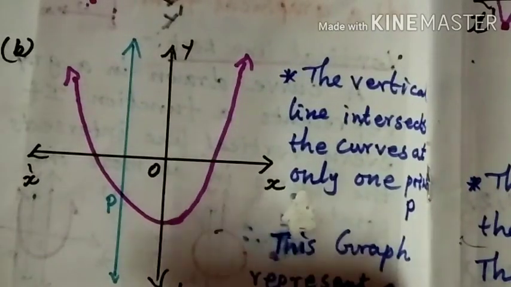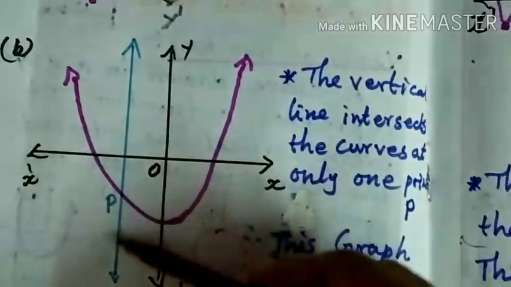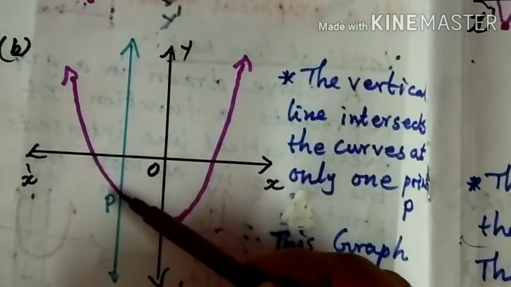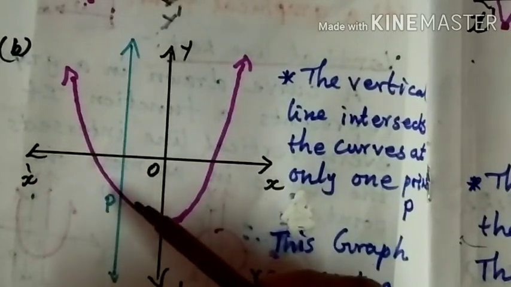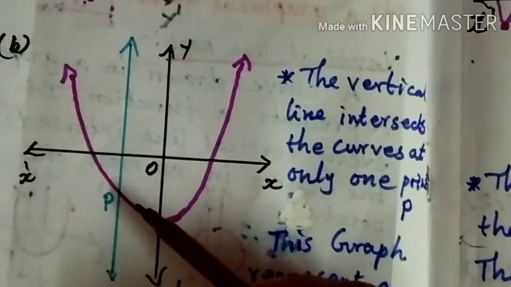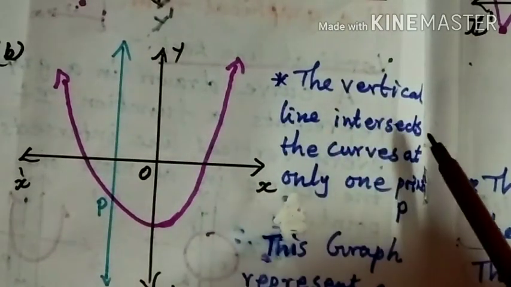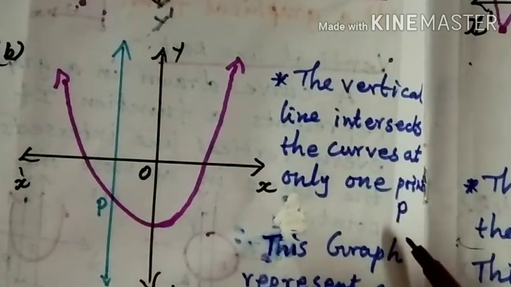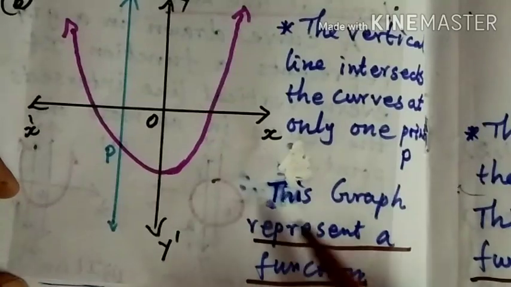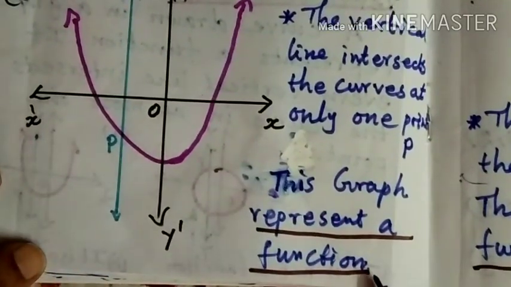See the next subdivision. In this graph, the vertical line intersects the graph at one point. Therefore, this graph represents a function. So, you write: the vertical line intersects the curve at only one point P. Therefore, this graph represents a function.